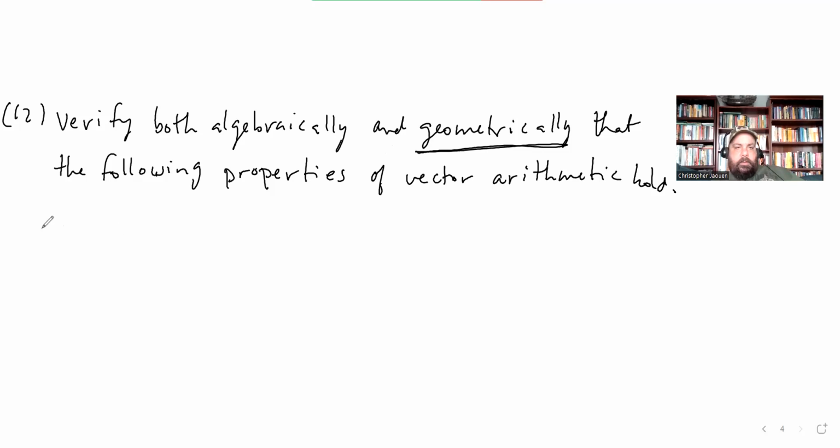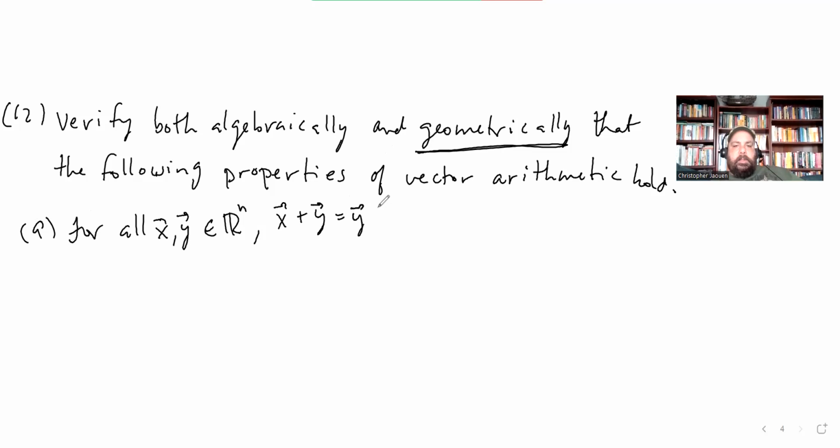So let's do part A first. Part A says to verify for all x, y in Rn, x plus y equals y plus x. So in other words, vector addition is commutative.